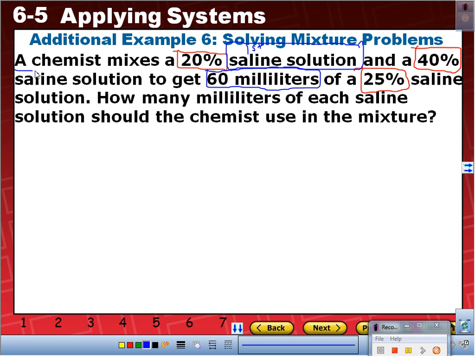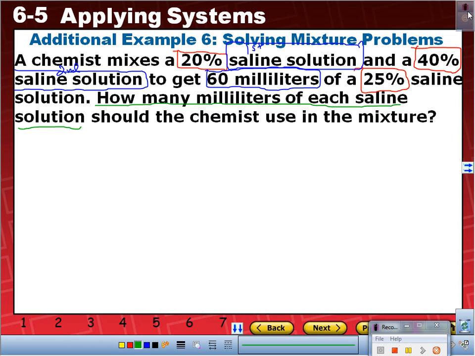Then I'm going to go over here to this one, box this one. This is my second mixture. And that gives me a total of 60 milliliters, which is 25%. So what is it that they're asking at the end? How many milliliters of each saline solution? And how many mixtures did we have? 2, the first and the second.